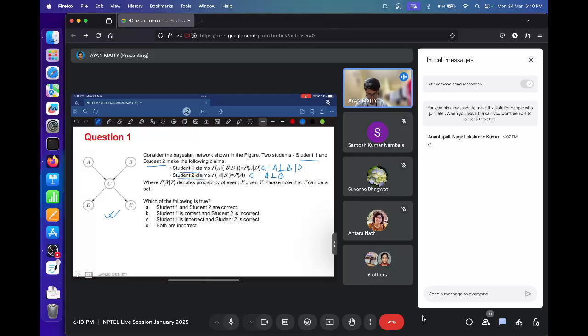So for the first claim, we have to check whether A and B are independent given D. In the diagram, this is node A, this is node B, and this node D is given. We need to find out whether there exists any path from A to B which is not blocked.